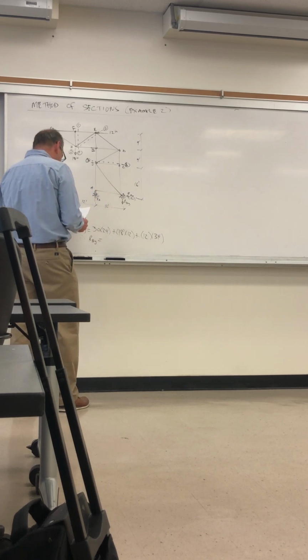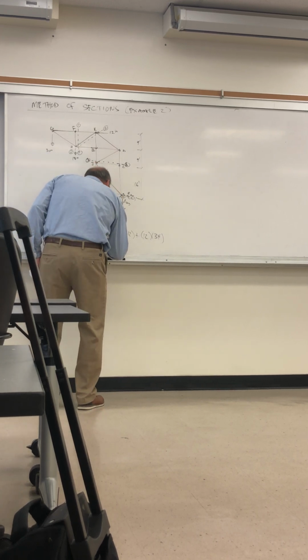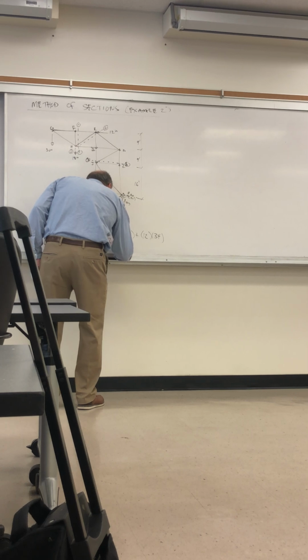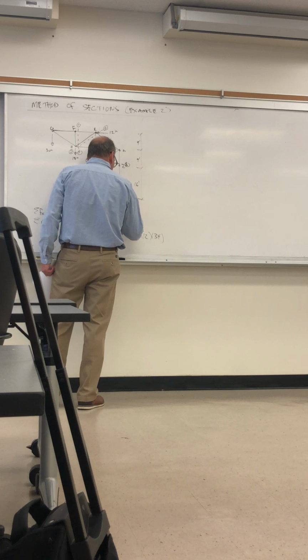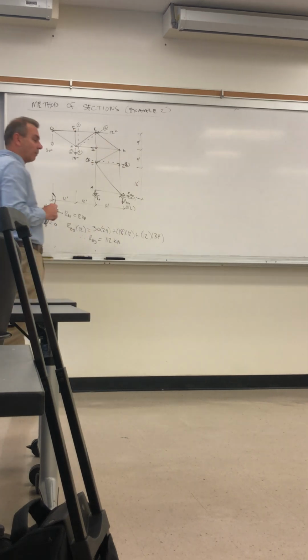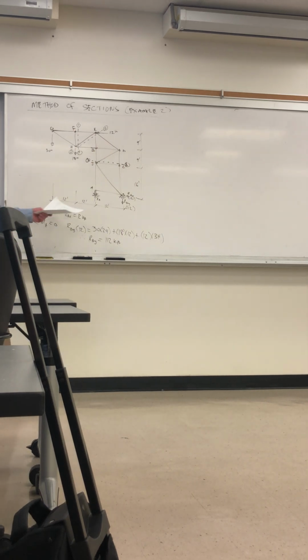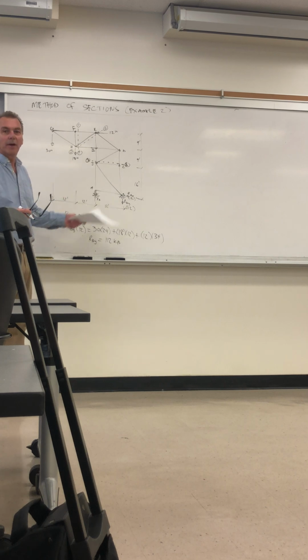So I get a positive number, 112 kips. So that means that the initial direction I drew it is correct.